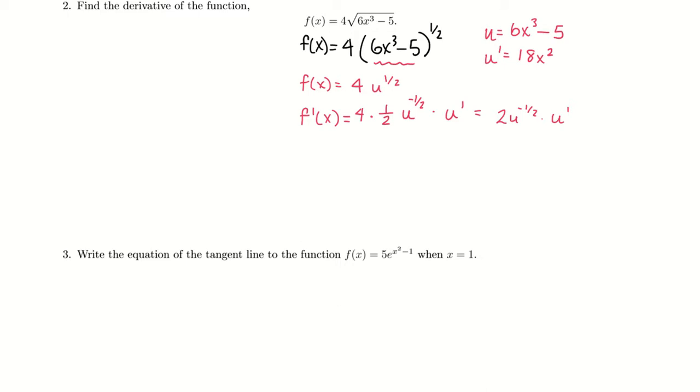We can rewrite that differently as well. We can write it as 2u prime over u to the 1/2. Okay, let's plug back in u and u prime. So f prime of x will be equal to 2 times u prime, which was 18x squared, over 6x to the third minus 5 to the 1/2.